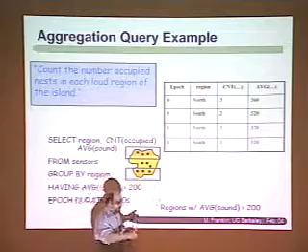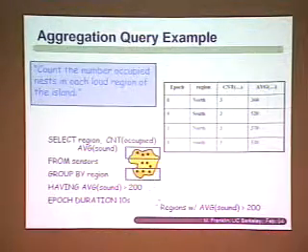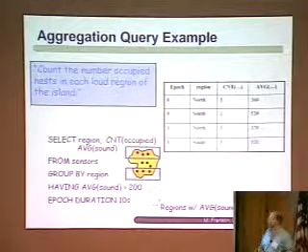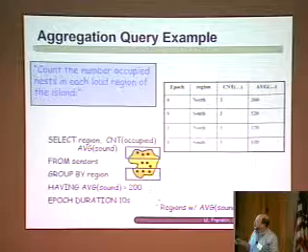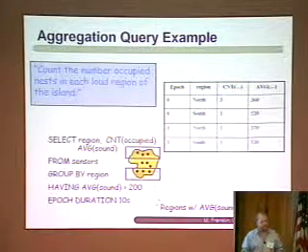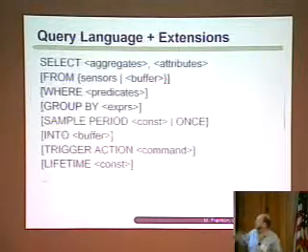So that's a user-defined function. This function occupied is something that you'd put in that tells you, based on some readings, whether you think the nest is occupied or not. So again, this is a much more sophisticated type of an application, but again, we can specify it in this language. Okay? And you get an answer that looks like that.